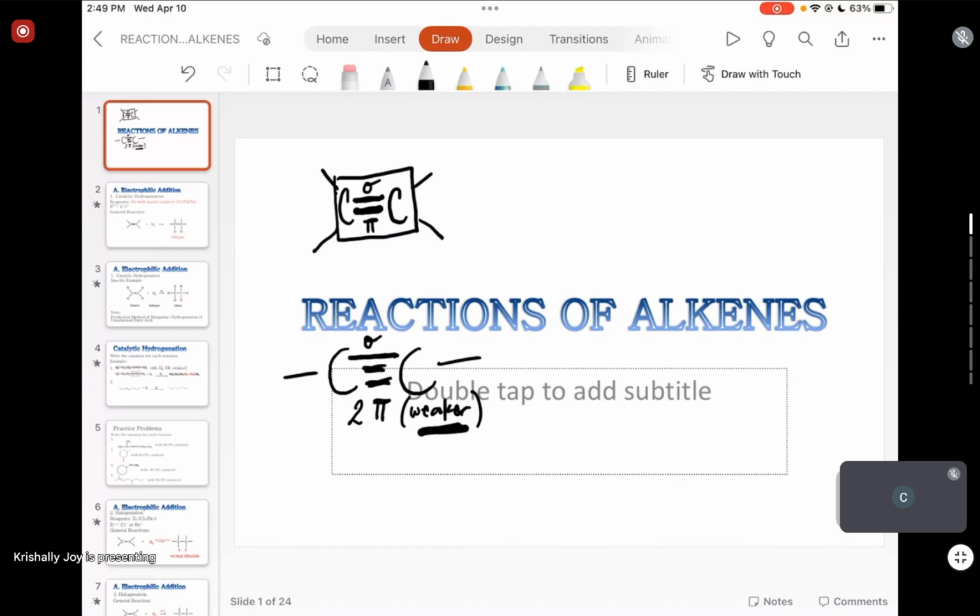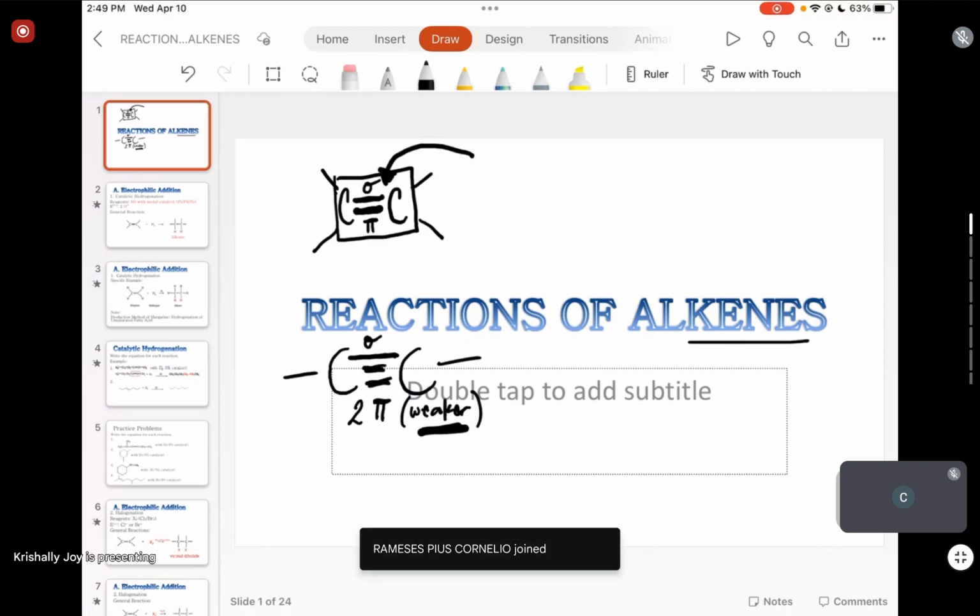Okay? Another characteristic meron ang mga alkenes. Because of the presence of multiple bonds, and syempre sa isang bond, 'di ba, that contains electrons. In fact, sa isang bond, it contains 2 electrons. So, paano na lang kapag double bond yan?